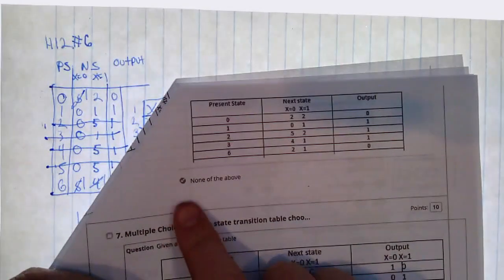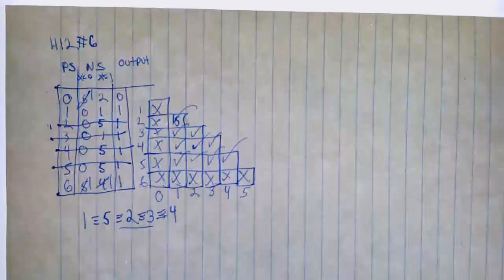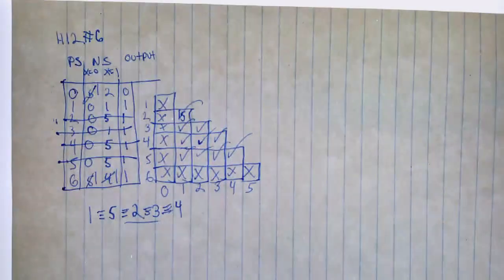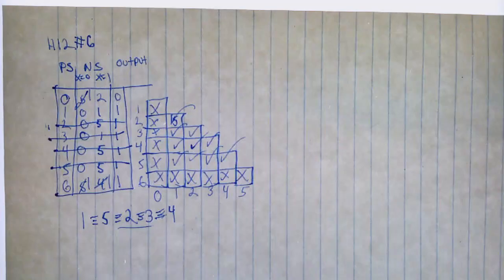None of the above is the correct answer, but it takes a bit of work to find it because all of these other answers have way too many states compared with a truly minimal form. So none of the above is a good answer for question number 6.